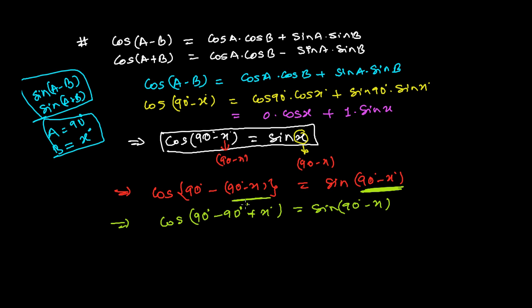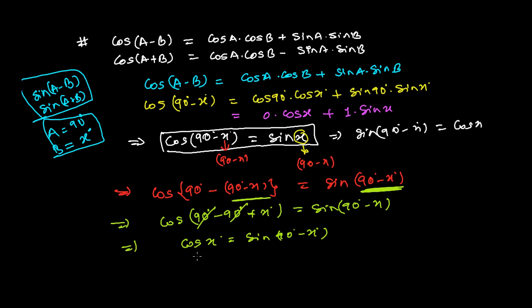From here, this 90 and 90 will cancel, and the result is that cosine of x is actually sine of 90 degrees minus x degrees. So it's almost similar: cosine of 90 minus x is sine x, while sine of 90 minus x is cosine x. It's just opposite.